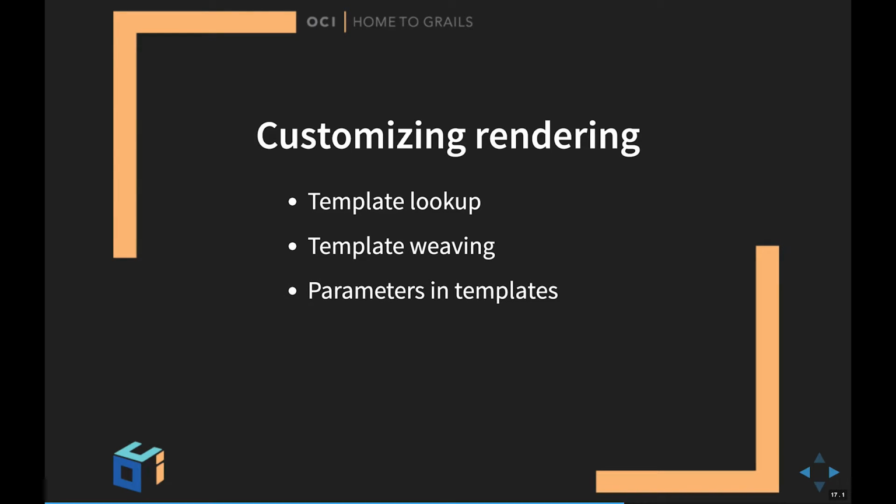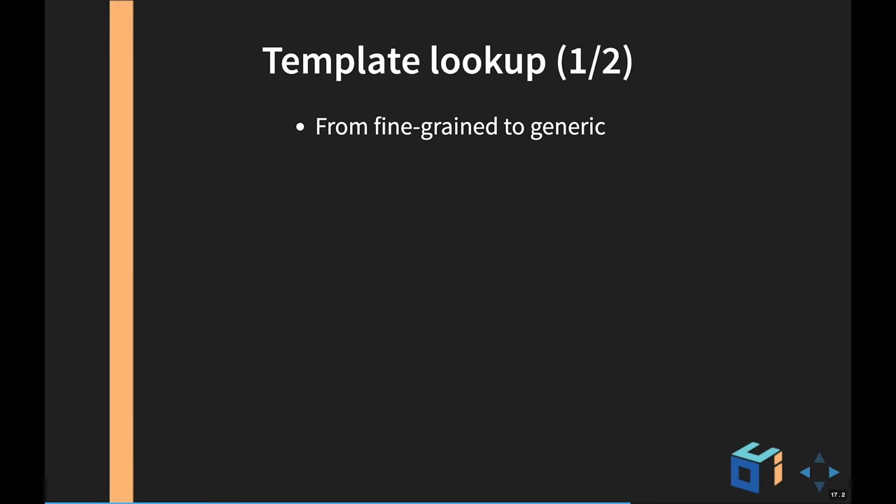So we're going to look at where we find the templates and how they get weaved in. And then we're going to look at what parameters are available in our templates. And then we're going to look at how it selects wrappers and widgets. So when it looks up a template, it always goes from the most fine-grained lookup down to the most generic.